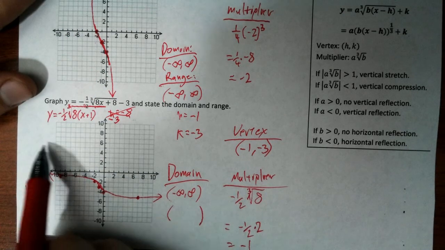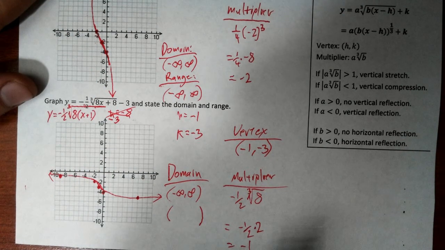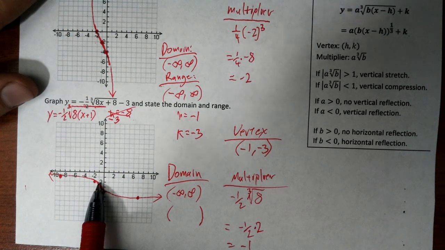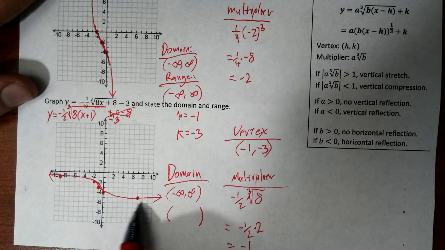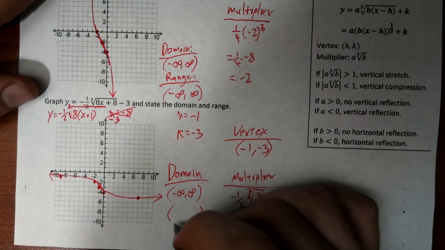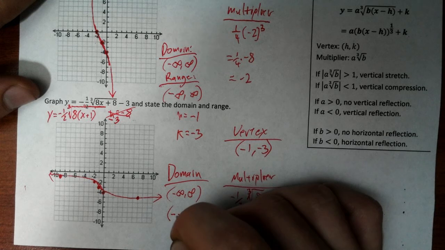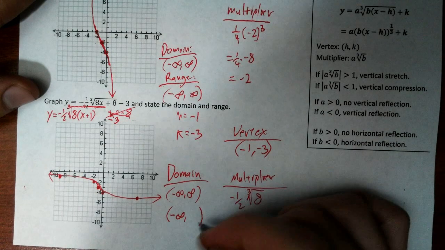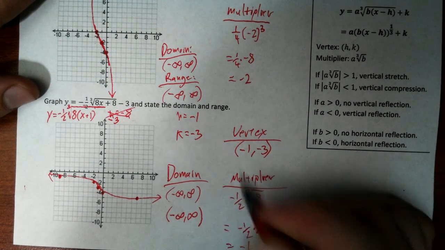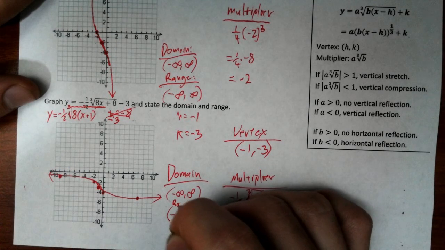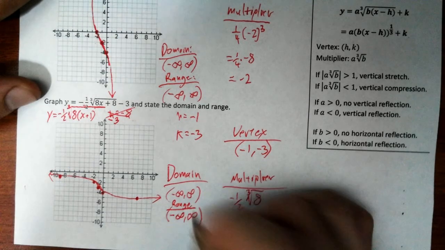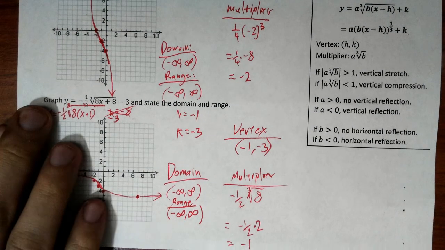Likewise, can we put picture frames around the top and bottom? I understand it can look like this stops going up, but it actually does keep going up and down, just very, very slowly. So we couldn't put picture frames on the top or bottom of this, so our range would also be -infinity to infinity.